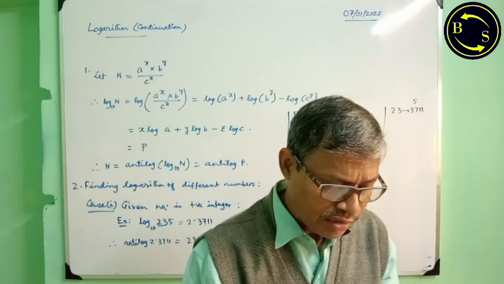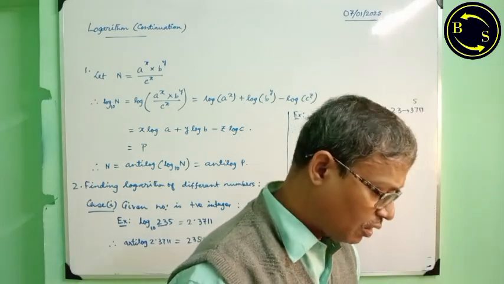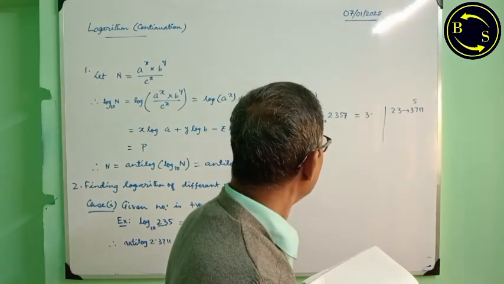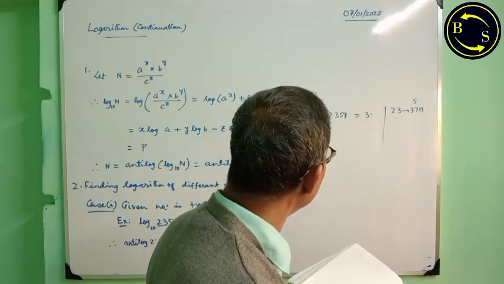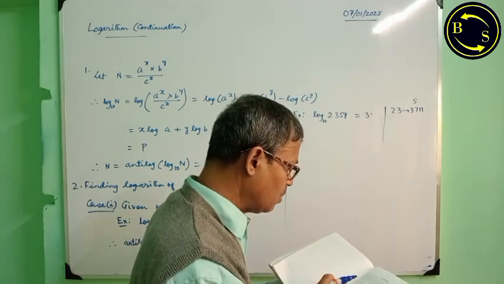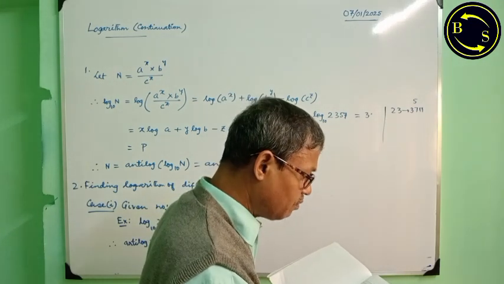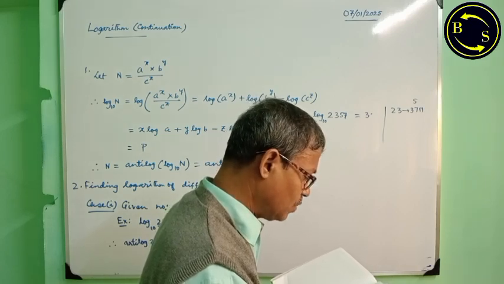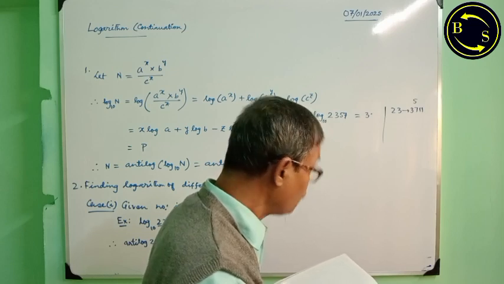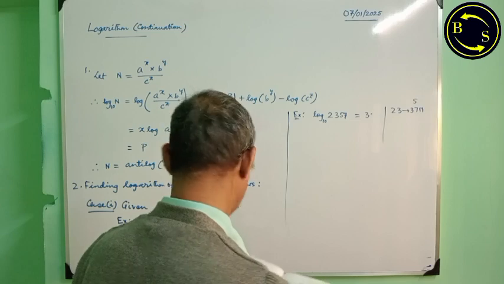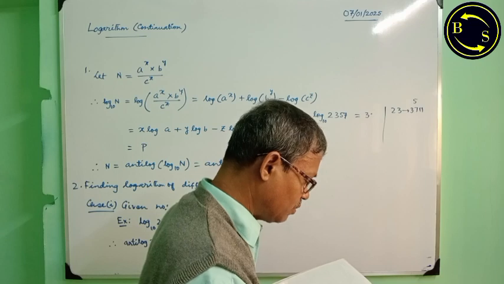You will find the mean differences column at the right side of the log table, and we follow the row headed by 23. For 7 the mean difference is 13.